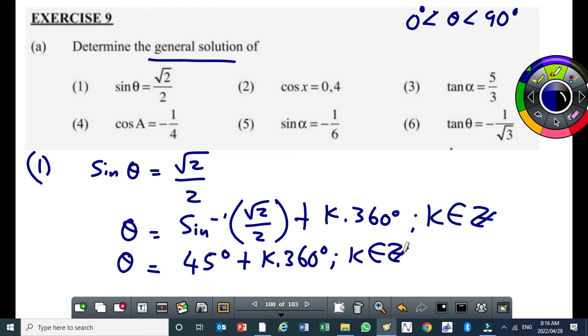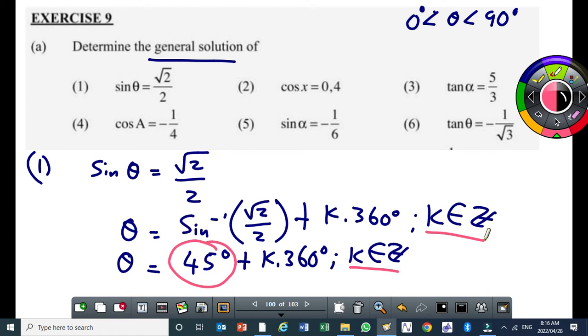Okay, so this is the first general solution for that trigonometric equation. Now, if you remember well from Tuesday's lesson, I told you that this angle here is called the reference angle. It has got a sister or brother in the second part. So you always have to write that k is an integer. Generally, we give you a mark for knowing that k is an integer.